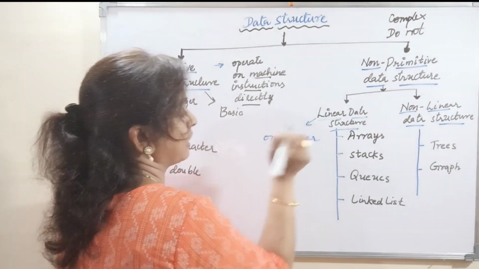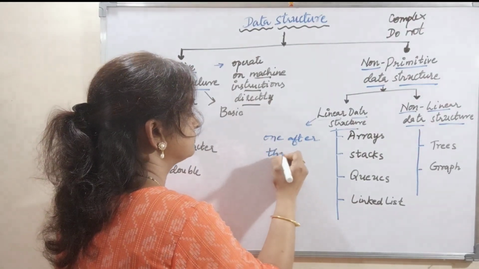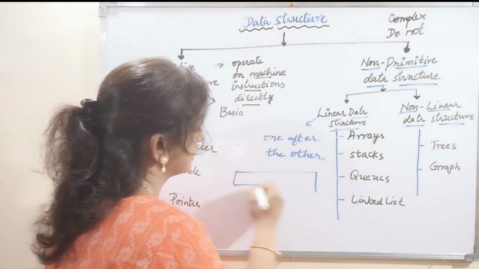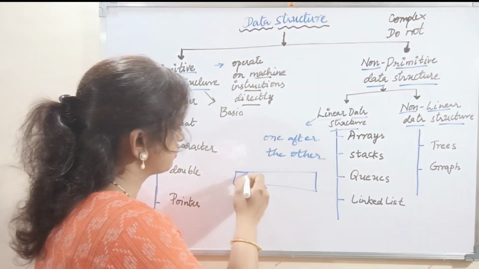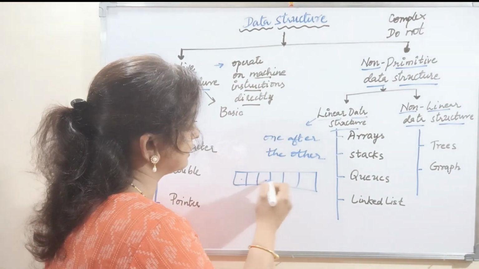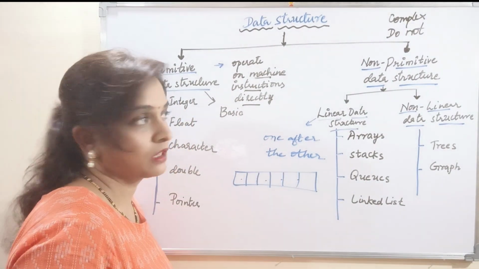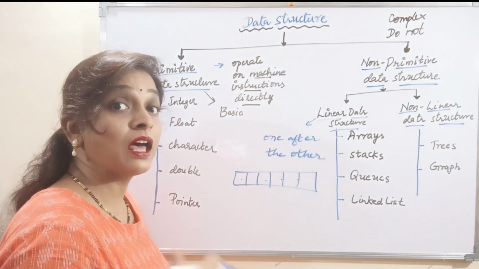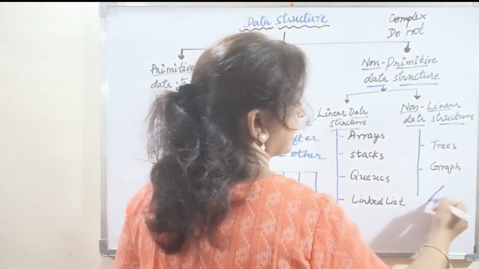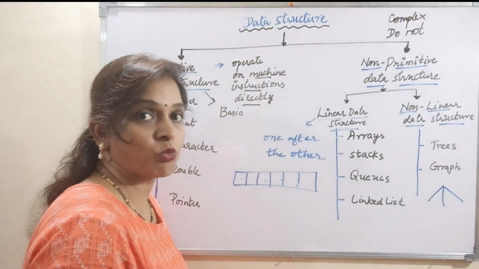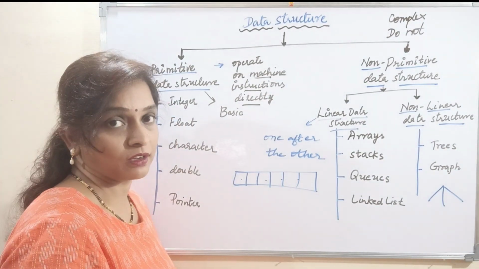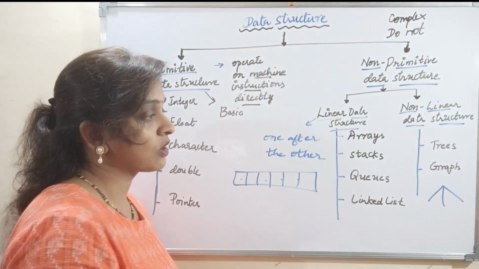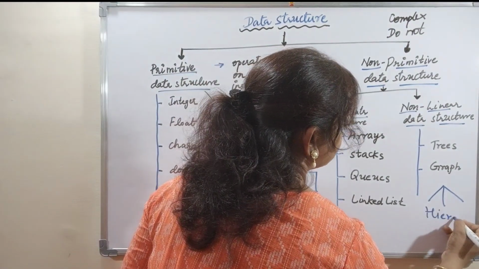But non-linear means we are going to store the data in a hierarchical fashion, like a tree structure. So in the linear data structure, we organize the data in a linear fashion, whereas in non-linear, we organize the data in a hierarchy.